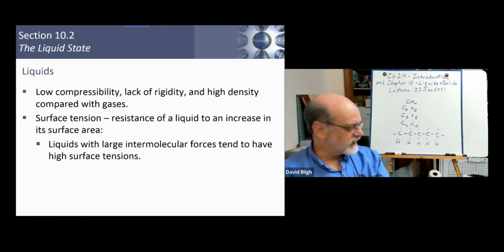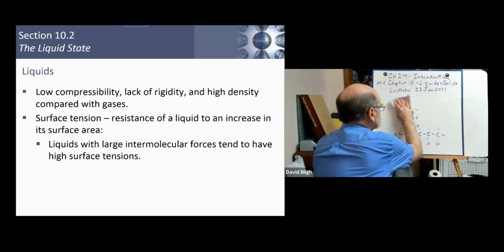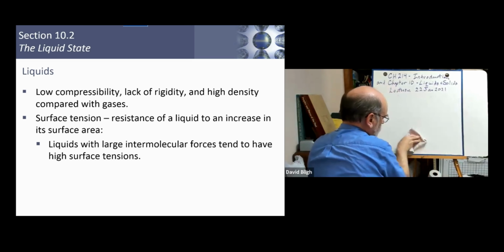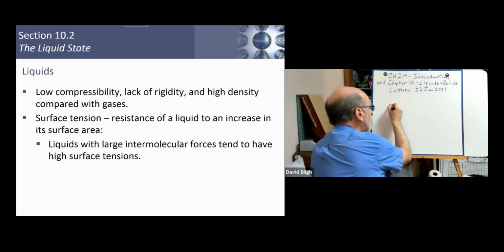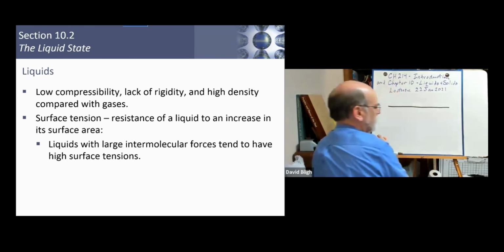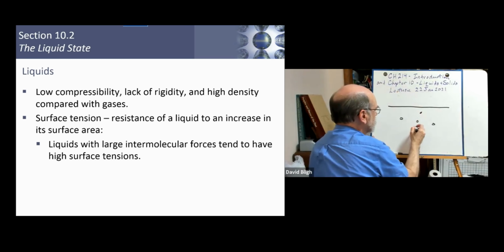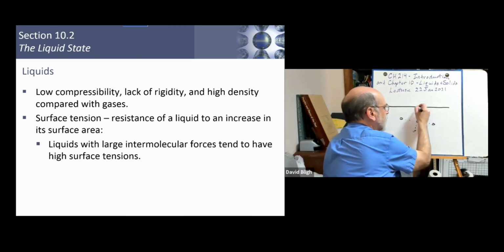But at the surface of the liquid, see, we've got molecules down here, down here, down here, surrounding each other, and they're interacting, okay? But at the surface, they can only interact with their neighbors.